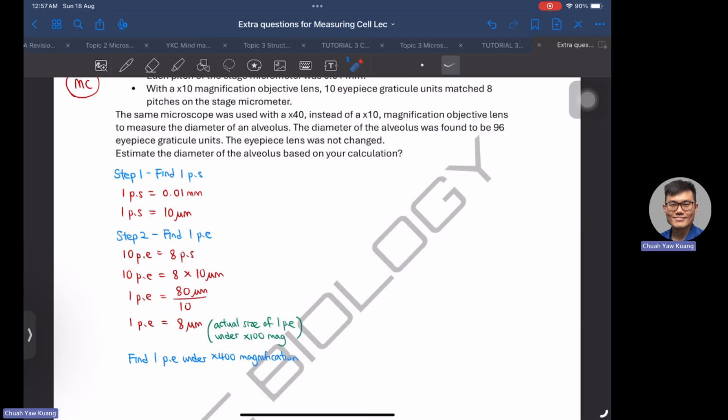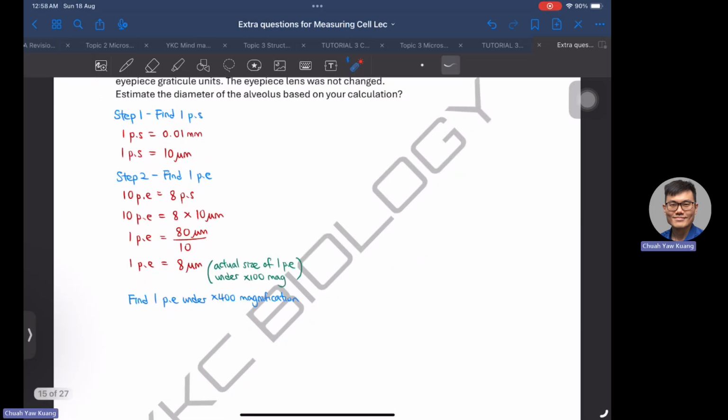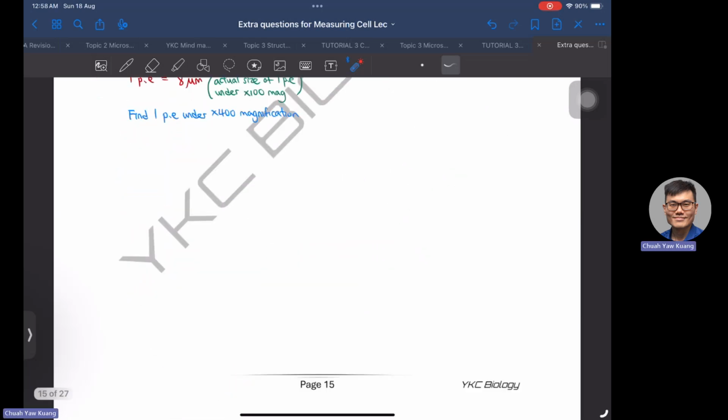So how to do this? Before we proceed, we need to understand a concept on this eyepiece reticule. This concept links the magnification, the image size, and the actual size of the eyepiece reticule pitch. Now let's say we have a microscope.